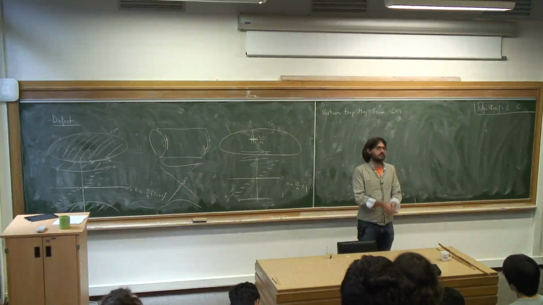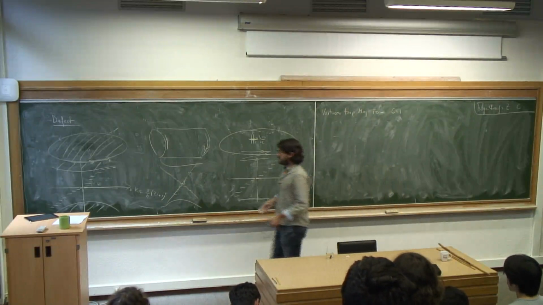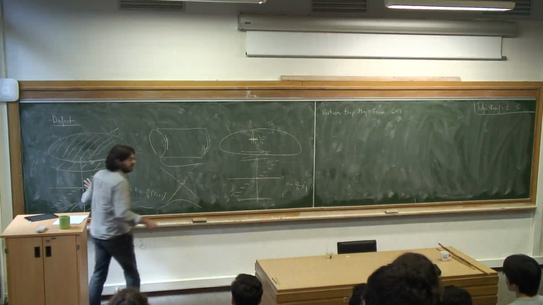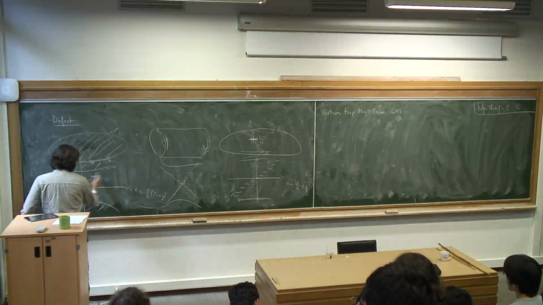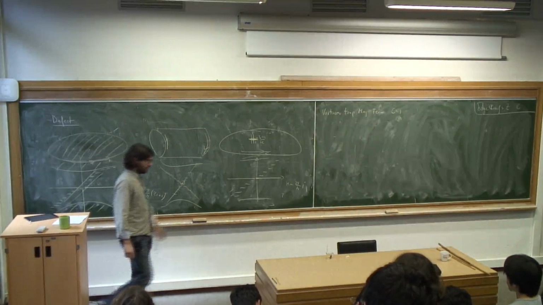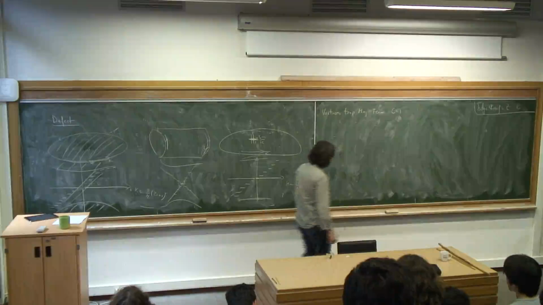Huh? 0. Why? Because there can be 2 on the edge. So the same argument doesn't apply, okay? Because then you can have 2 edge states. I can move this edge state here, and I can make another one here, okay?